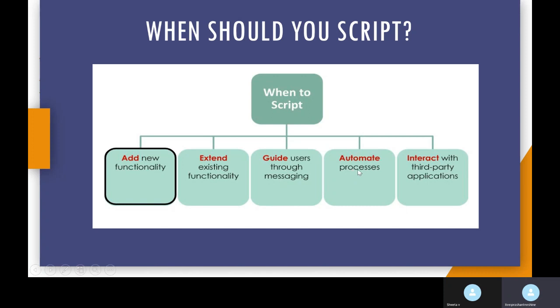Yeah, automate process is like the example I have given, suppose our incident is resolved by a certain user. Now we want it to be closed automatically. What we will do is create a system property, or we can generate some automation.